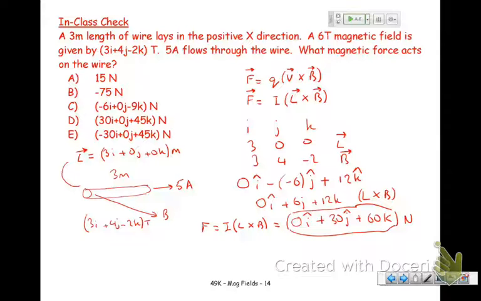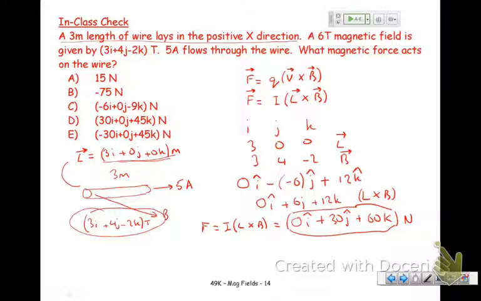And I want to do L cross B, so I did IJK, and I put down my L. I just said it was 3 meters in the positive X direction. So that's not a vector. So I had to make that into a vector, which I did. I made it into a vector, and then I crossed it with my magnetic field vector, and then I multiplied that result by my current.